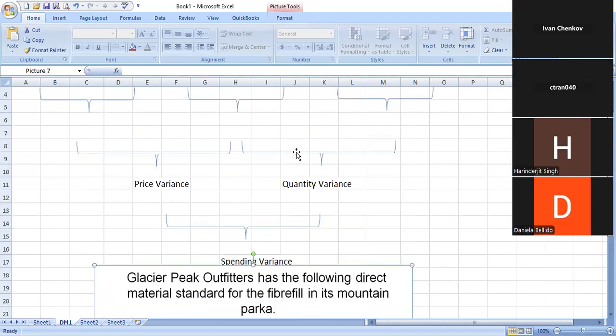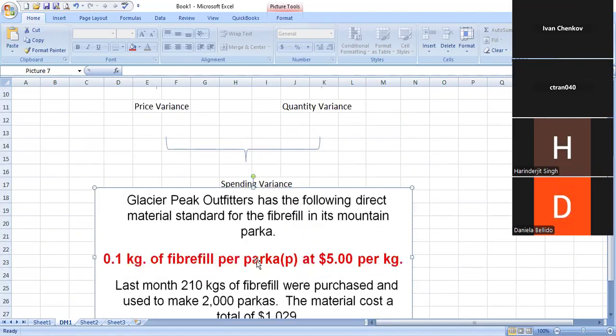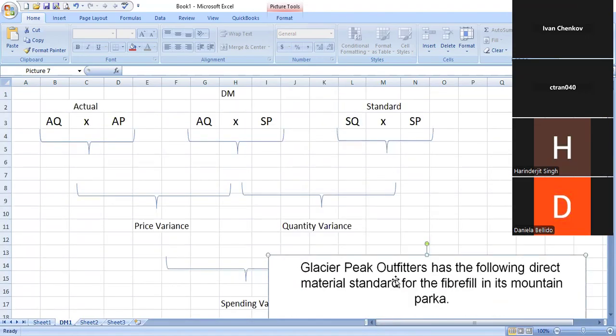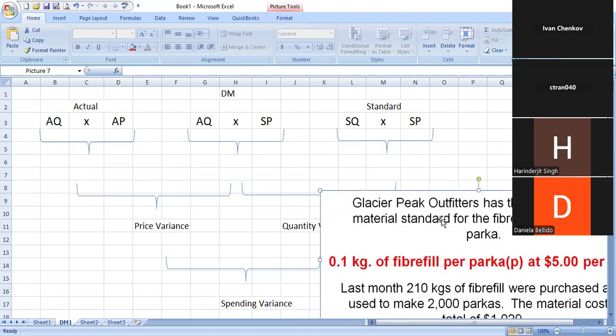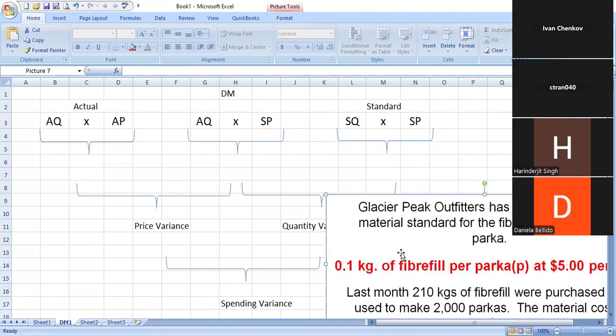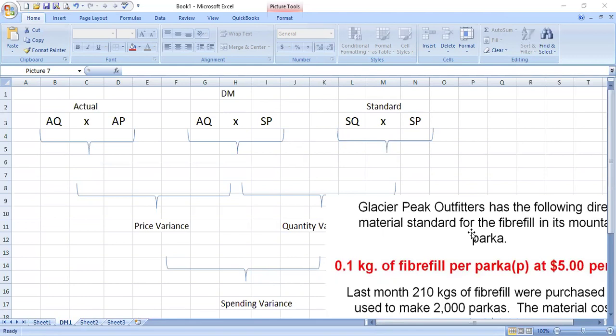Since we're on the material, I'm trying to put the question somewhere so we can see the question and at the same time see the calculation. So the question here is, what's the standard cost? $5. Does that make sense?